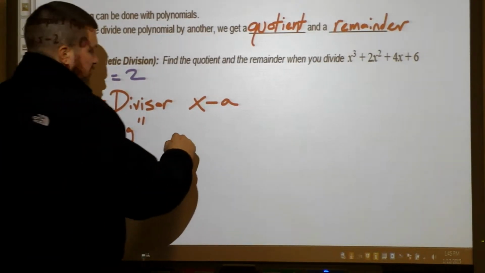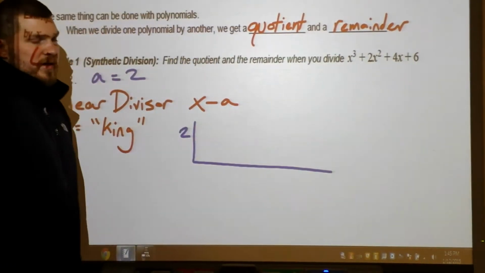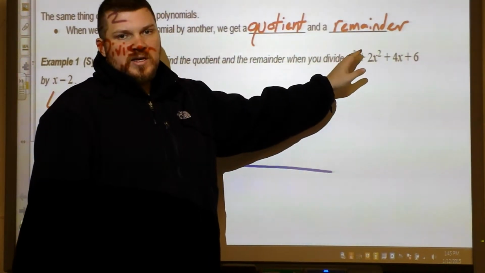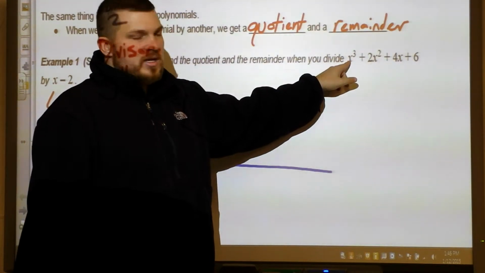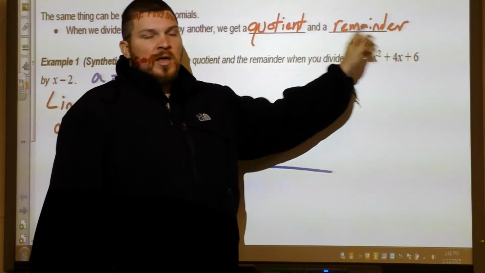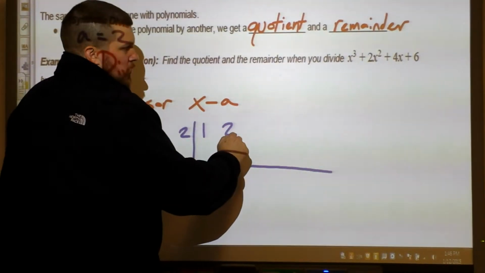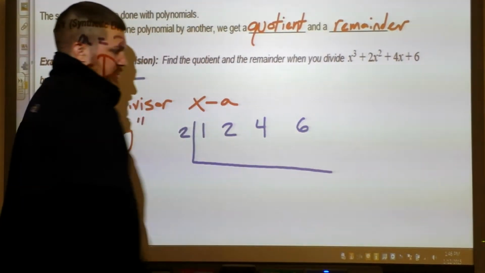Again, we're thinking about cake, so our slice goes on the outside and our cake goes on the inside. Now to get our cake, all I'm looking at is what's called my dividend, what's being divided. And for synthetic division I'm just looking at the coefficients of the pieces. So, for instance, I have 1x cubed, 2x squared, 4 regular x's, and then 6 constants.